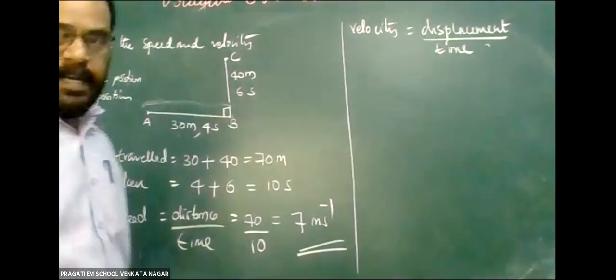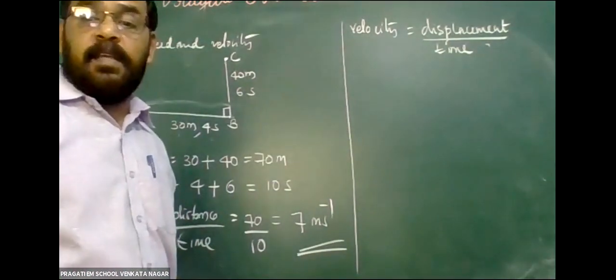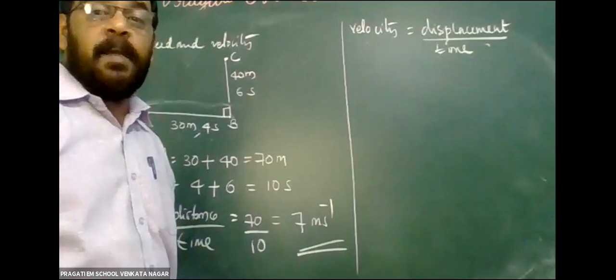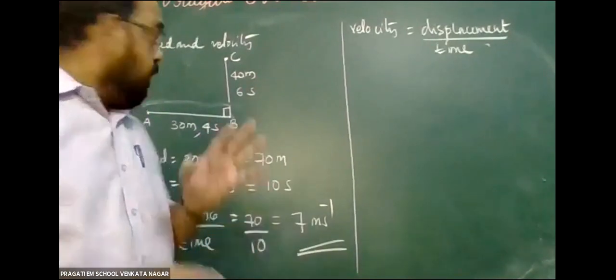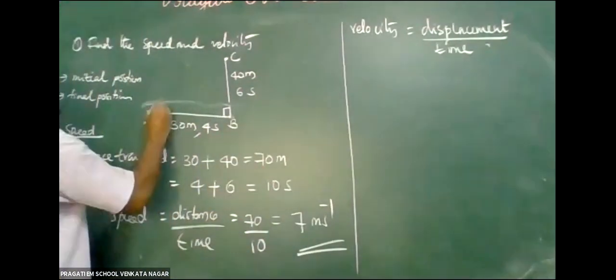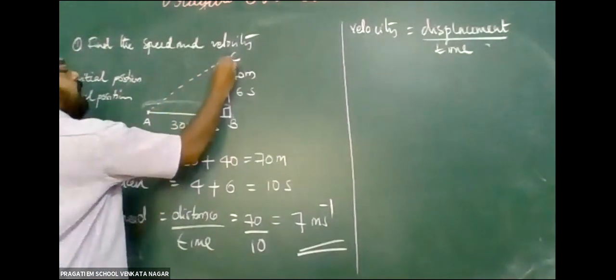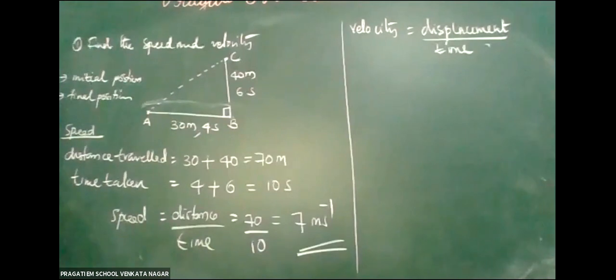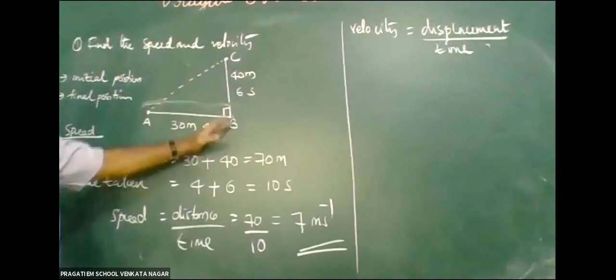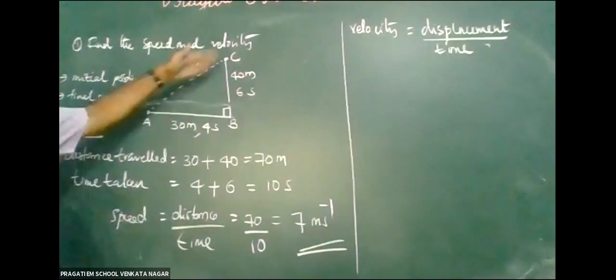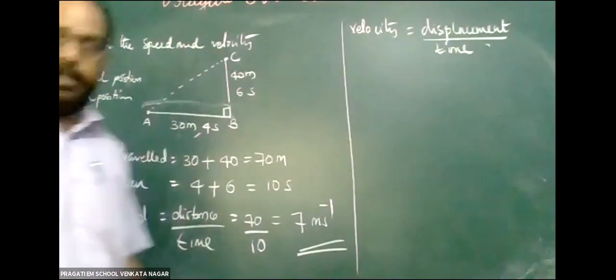In the first class we said, what is displacement? The shortest distance between initial position and final position. AC is the displacement. Distance is AB plus BC, and AC is the displacement.